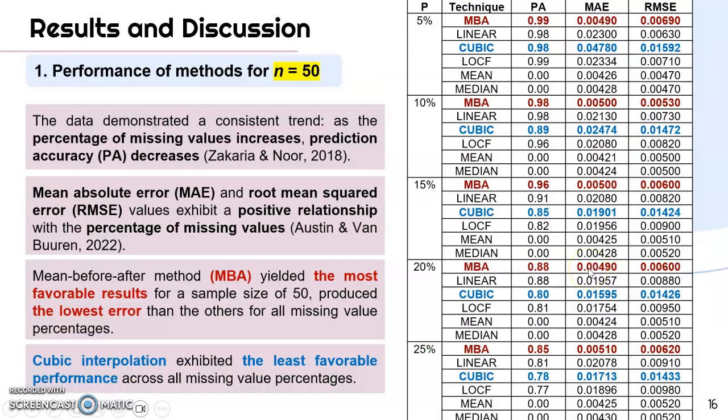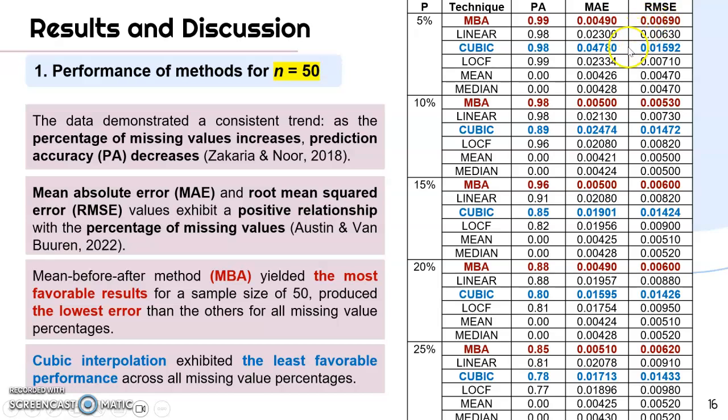And this is the result for the performance of methods for a sample size equal to 50. We can see that we have 6 methods over here: MBA, linear, cubic, LOCF, mean and median. And this is the performance analysis: PA, prediction accuracy, MAE is the mean absolute error, and RMSE is the root mean square error.